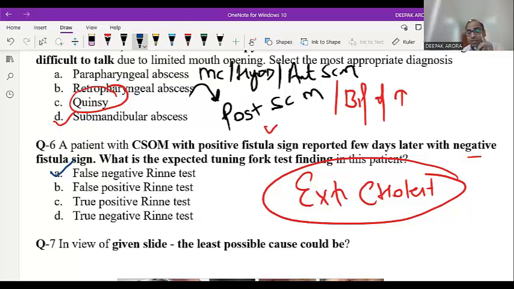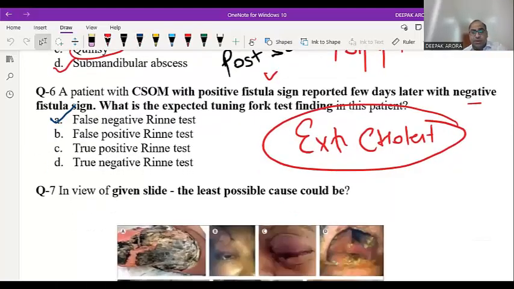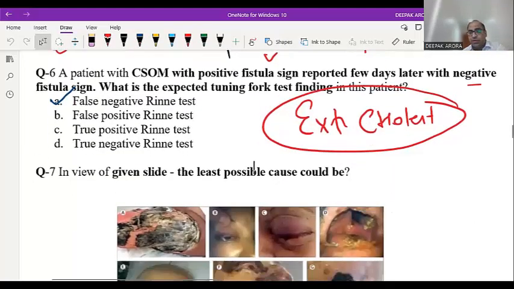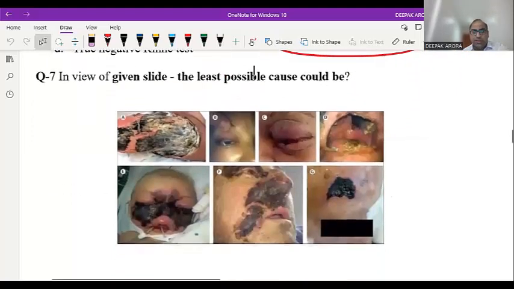But because it is a severe, last stage of cholesteatoma, the patient has a high probability of severe deafness, in which we can have a false negative. So it is a little bit of a difficult MCQ, but the better choice will be option A. It can be option D, even true negative, but I will go in favor of option A. Okay, tricky MCQ.